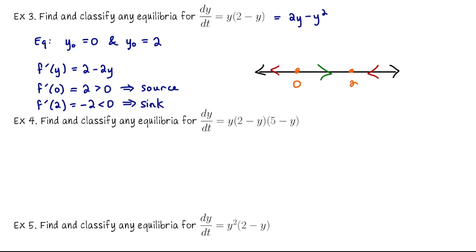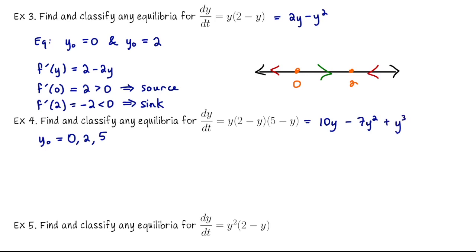All right, so for example 4, I'll just work through this. We have equilibria at the roots of the right-hand side. That's going to be 0, 2, and 5. And then again, I'm going to have to expand it out. So we'll have 10y minus 2y minus 5y is minus 7y, minus 7y squared, and then plus y cubed.